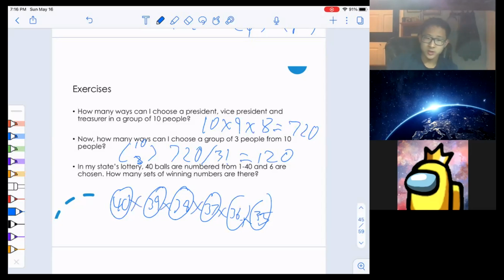But since order doesn't matter, we just have to divide by the number of ways we can order these 6, so we divide this by 6 factorial. And the answer to this one is 3,838,380. So yeah, that's the answer to the third one.